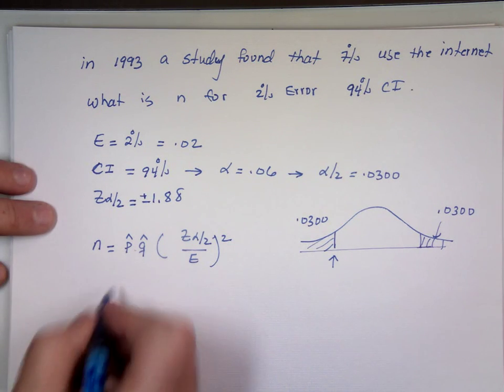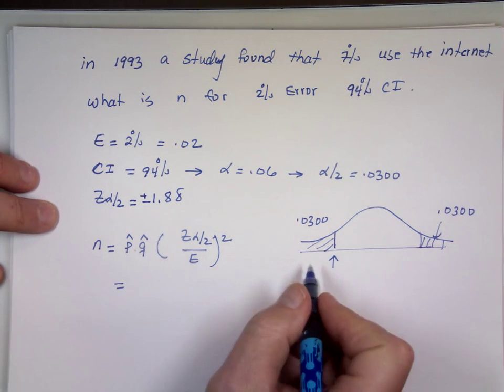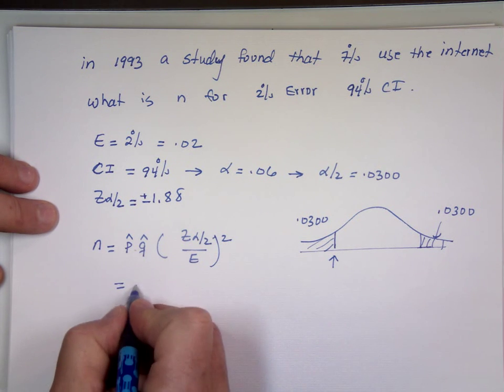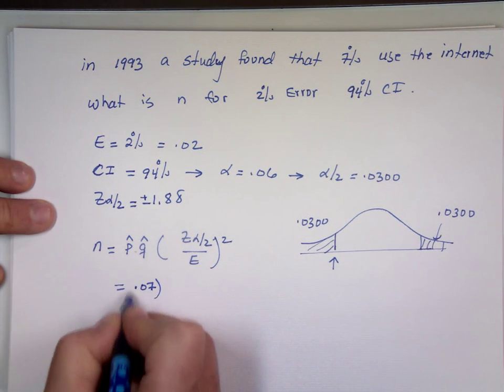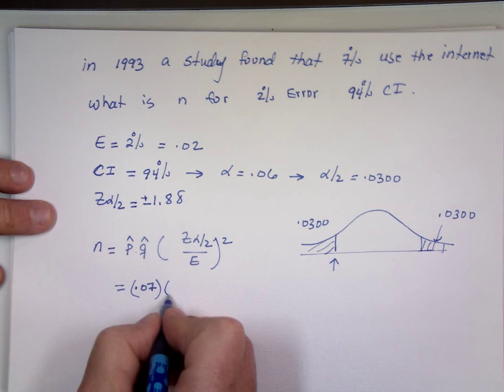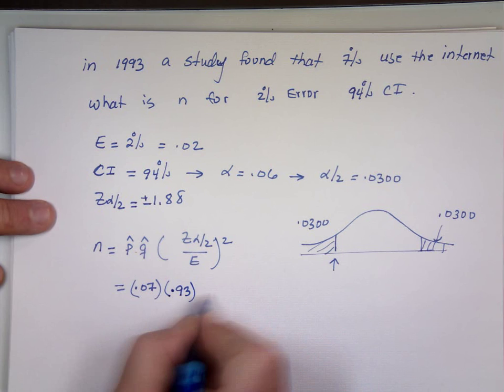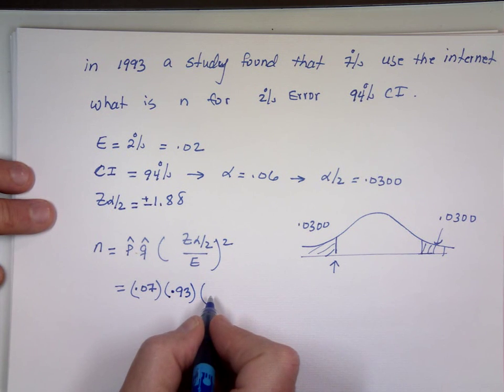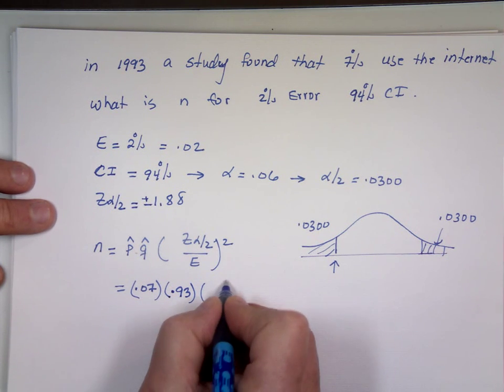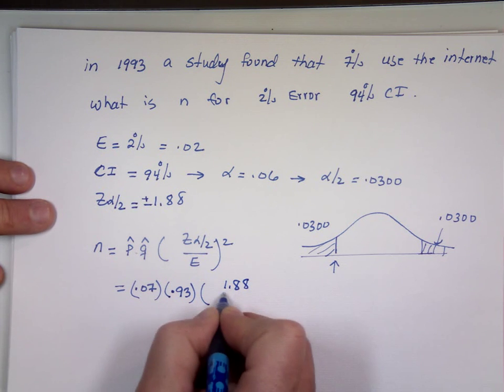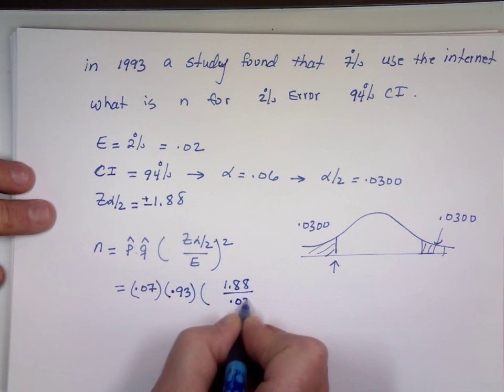P hat: we said 7% of the people use the internet, 0.07. Q hat: 1 minus that number. Z alpha over 2: 1.88, divided by what? 0.02, and square that number.